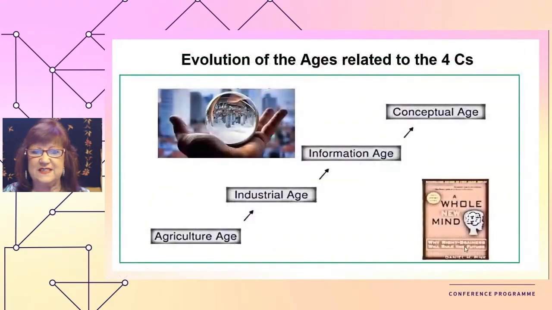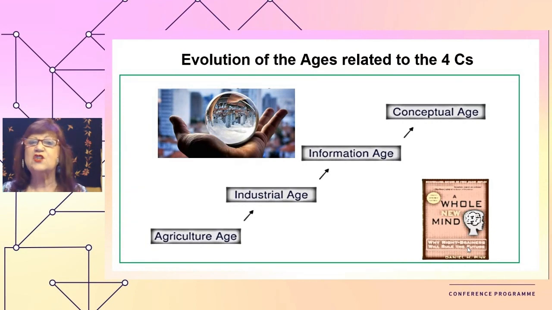So, creativity. We have gone through an evolution of educational ages, and this is related to the 4 C's. We've gone from the agricultural age, through the industrial age, through the information age, and now, essentially, we are in the conceptual age. Many, many books have been written about this and how the mind of our students is different.